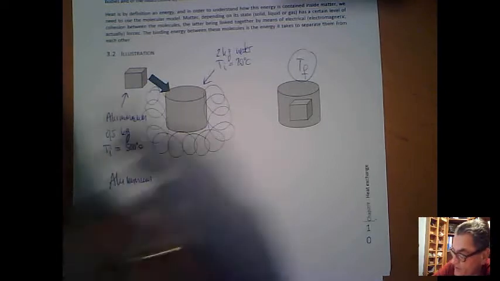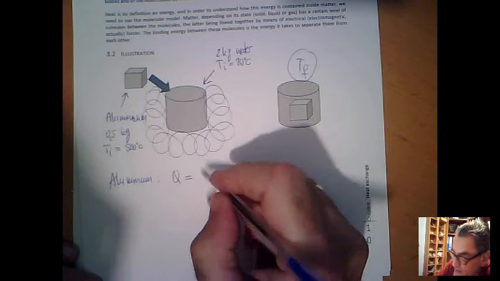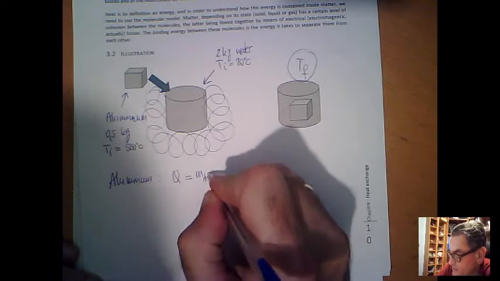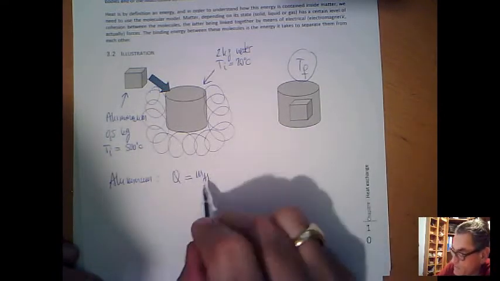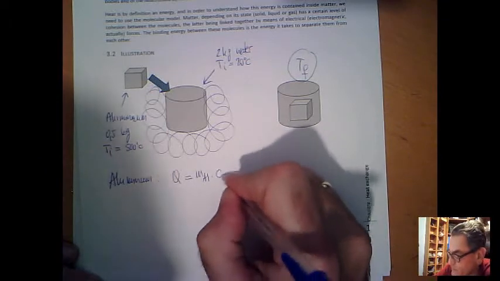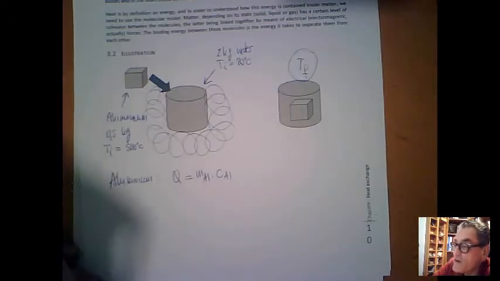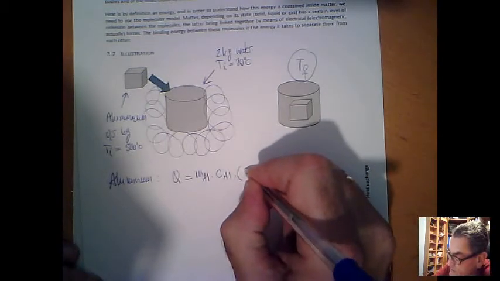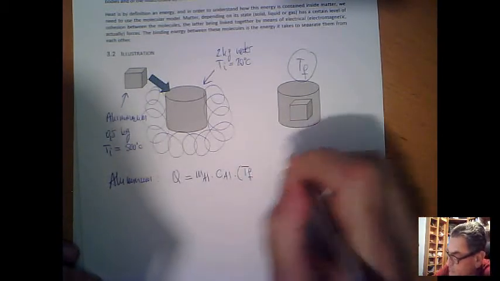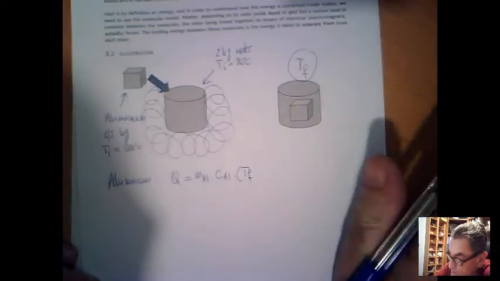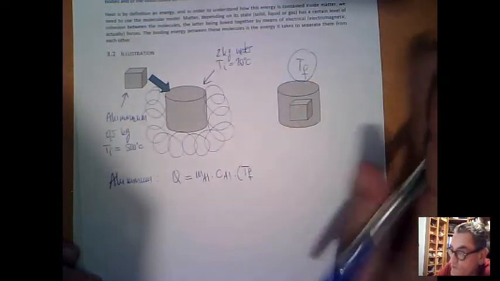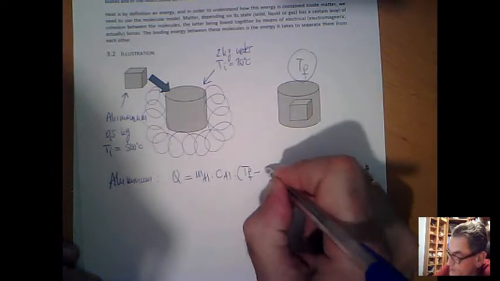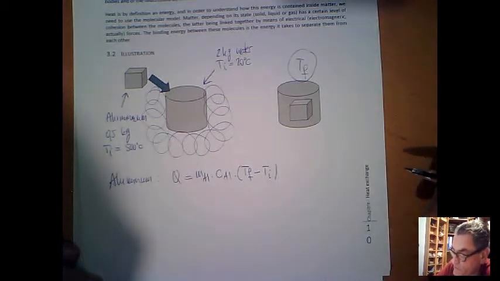It's going to give heat. And how much heat is it going to give? It's going to give a quantity of heat, which is the mass of aluminium times the C of aluminium, which we need to look up in a table, times the final temperature, which we don't know yet, we assume there is a final temperature, minus the initial temperature.